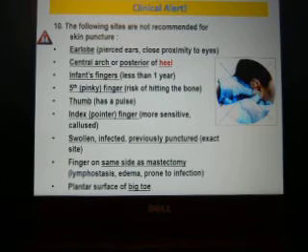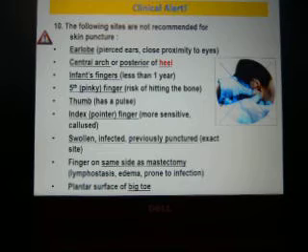So sites that are listed up here, you see them: the earlobe, all the way down to the thumb, the pinky finger. We do not want to stick any of these in an infant less than a year old because their fingers are a lot smaller, and we don't want to hit a bone. Okay, and on page 380 in your textbook, there's a lot of really good information on there. So make sure you check that out.